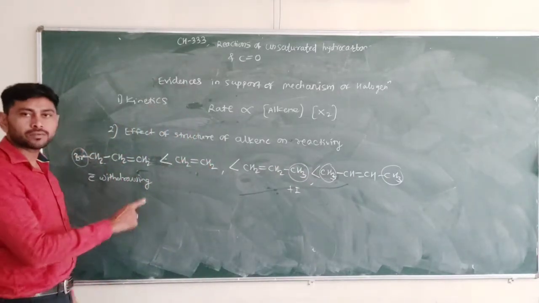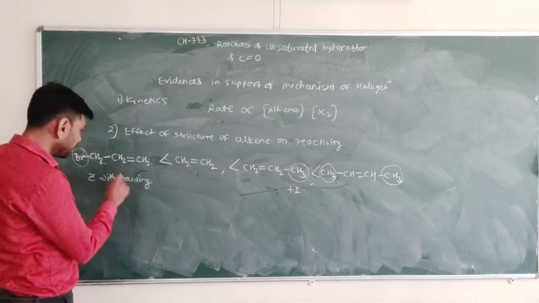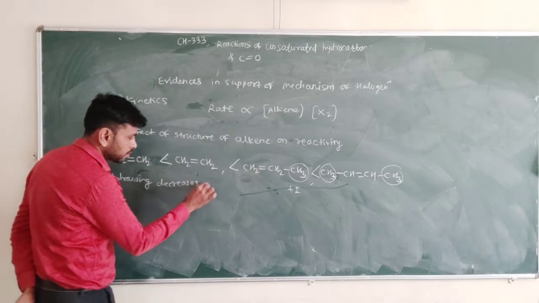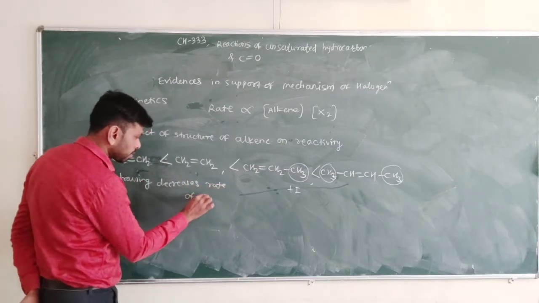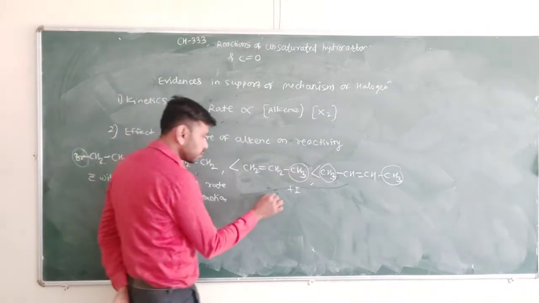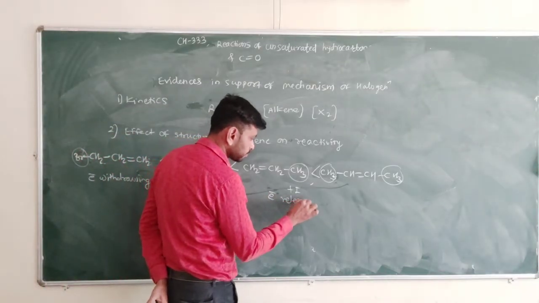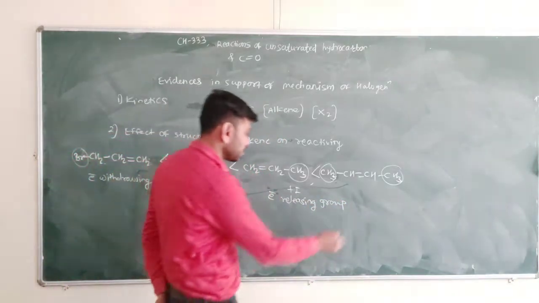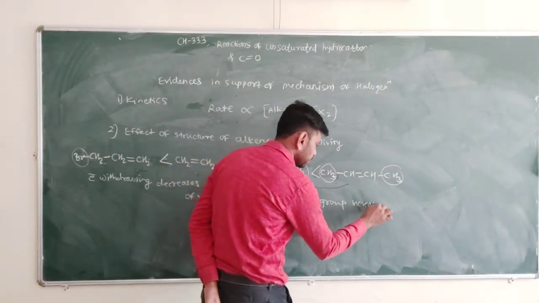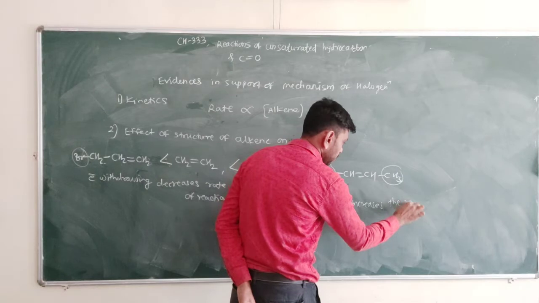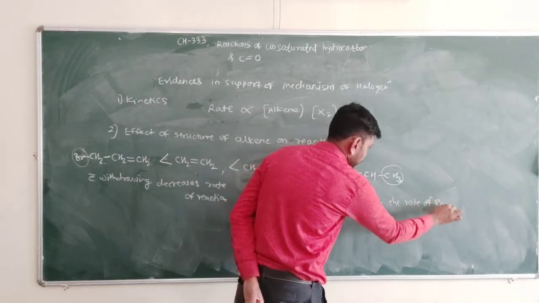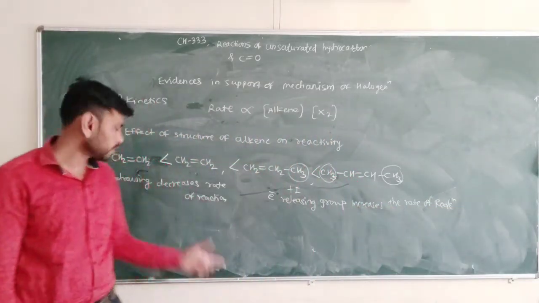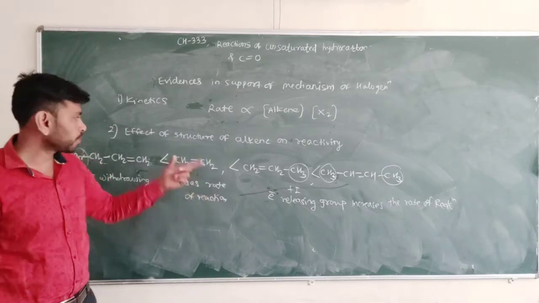From this observation it is clear that electron withdrawing group decreases the rate of reaction, and electron releasing group, electron donating group, increases the rate of reaction.